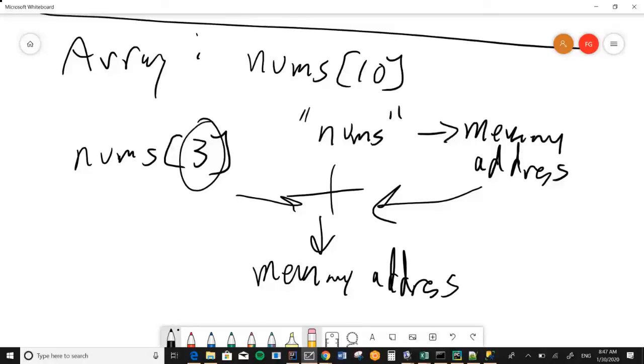I don't have to do 775 operations to get there. It's just one add. So what's really crucial here is that all accesses to a memory address should take the same amount of time.